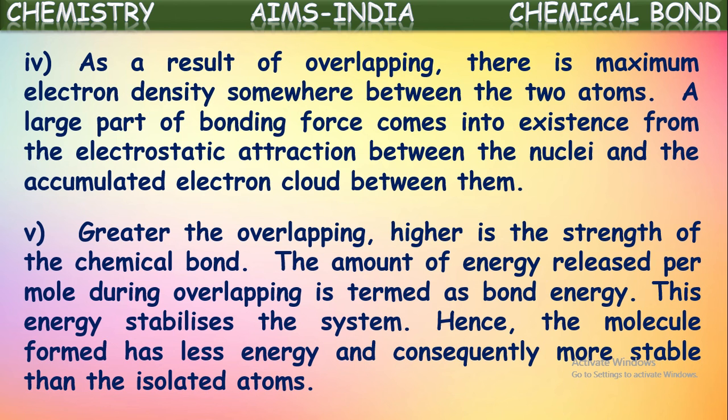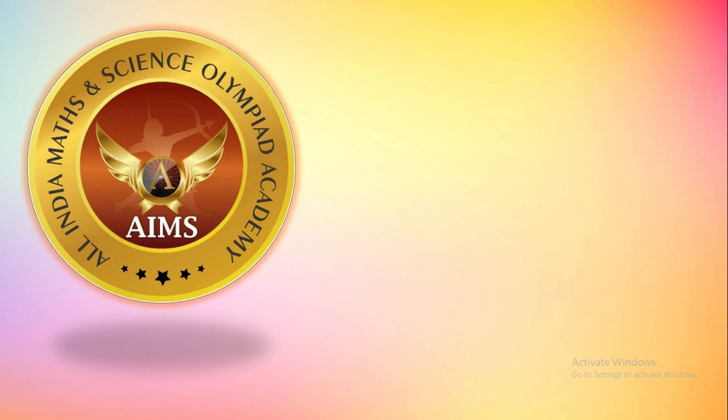Hence, the molecules formed have less energy and consequently are more stable than the isolated individual atoms. Atoms have more energy; once they form molecules they lose energy, meaning molecules have less energy. So we can say molecules are more stable than individual atoms. That's about the important points from this valence bond theory.